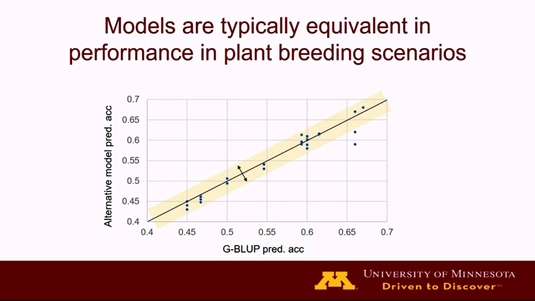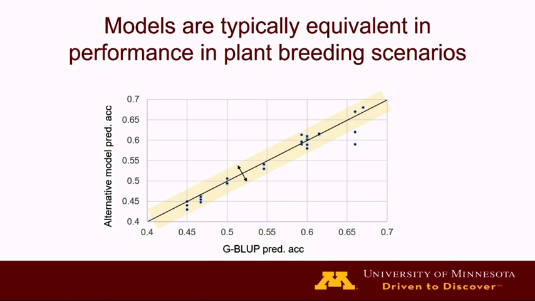I went through the literature quickly the other day and pulled out all the soybean genomic selection papers. There aren't that many. There are only about 6 or 8 or something like that. All of them compared G-BLUP to an alternative, more complex model. And I plotted out the comparison between the prediction accuracy of G-BLUP versus the alternative model. And you can see that they pretty much line up on that one-to-one line.